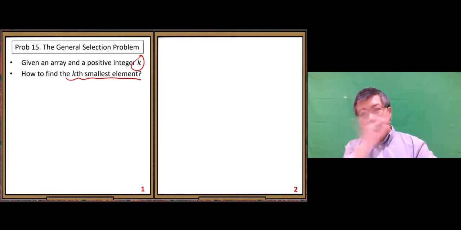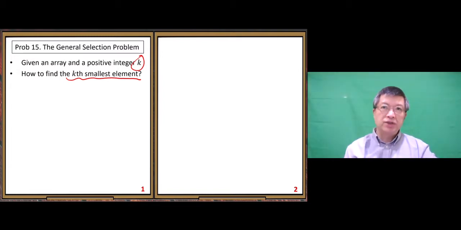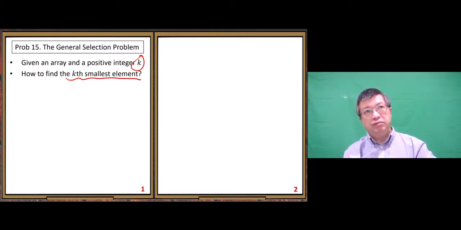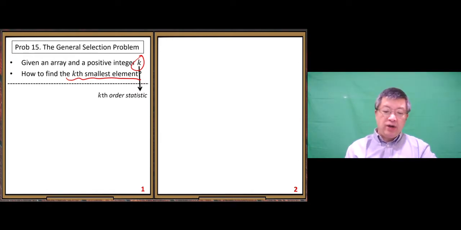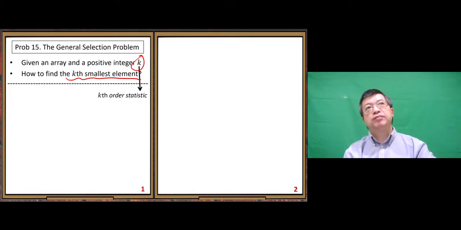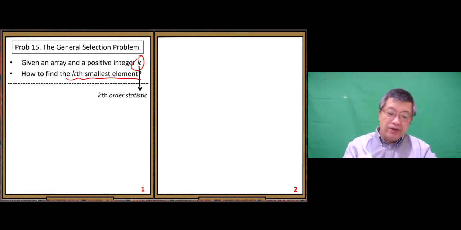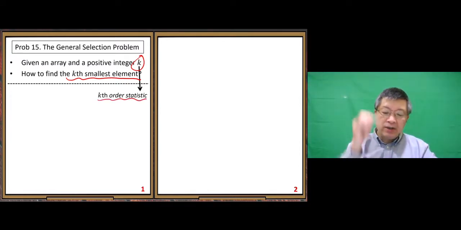But for an unordered array, it's not that easy. You need to do a lot of work. So now we need to solve this challenging problem. First, we have a name for this k number, kth smallest. We call it the kth order statistic.